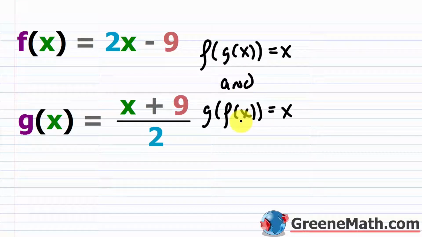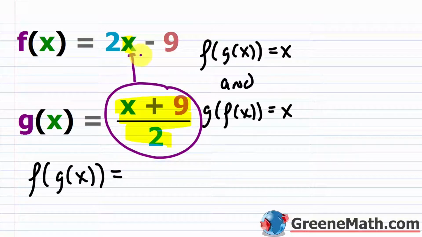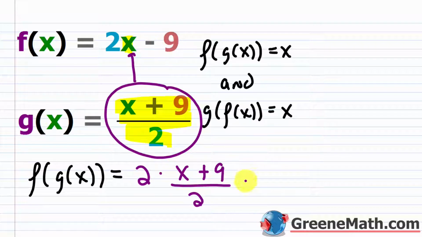So if we have f of g of x, what is this equal to? Well, again, we already know how to do this. We take f of x, which is 2x minus 9, and everywhere there's an x, we're going to plug in g of x. So g of x is this guy right here, and I'm going to plug this in for x there. I'm just going to simplify. So I would have 2 times x plus 9, over 2, and then I'm subtracting away 9.